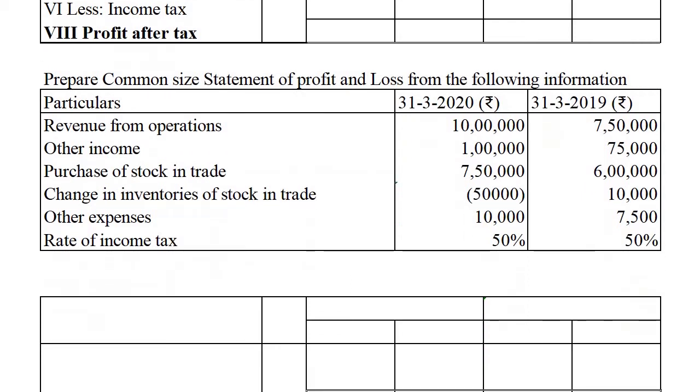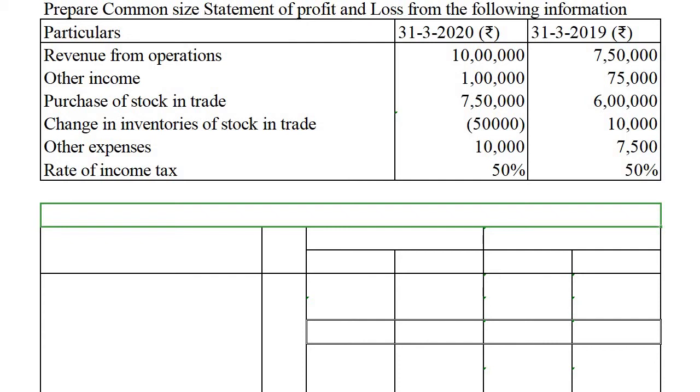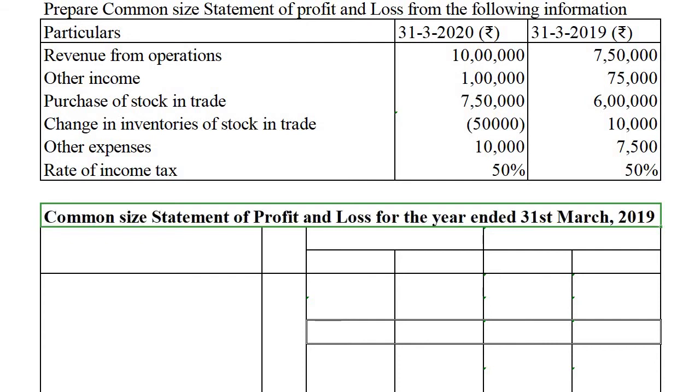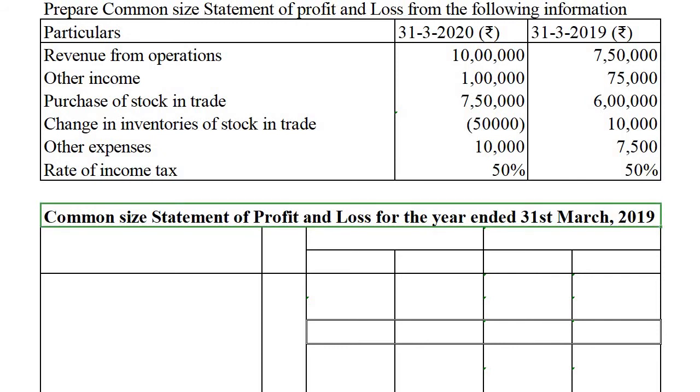So let us see how to prepare this, how to prepare a common size income statement. The heading will be written: common size statement of profit and loss for the year ended 31st March 2019 and 20.